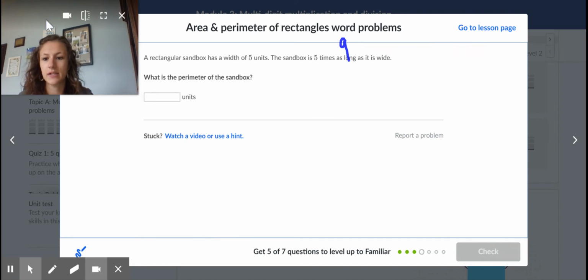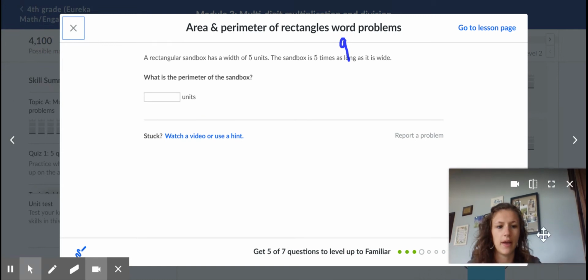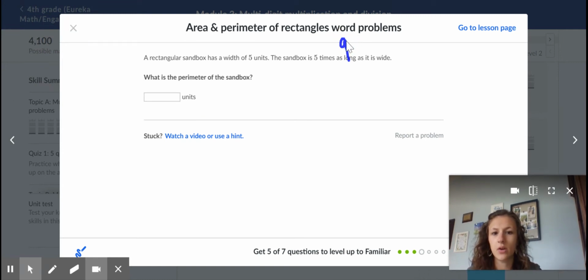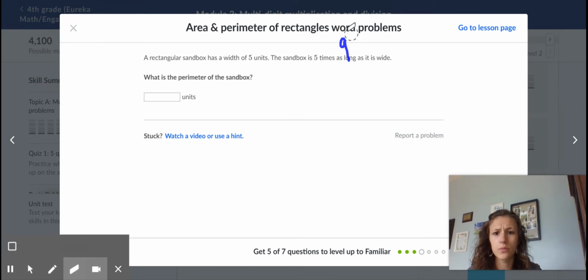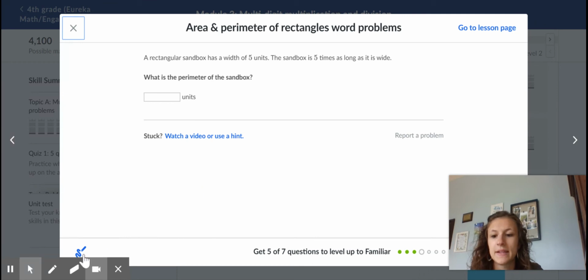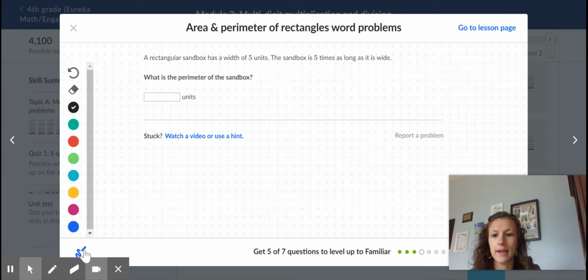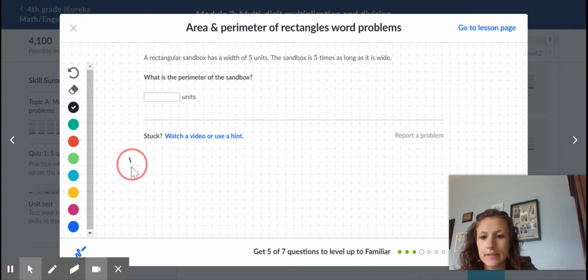Now let's move to our next question, our last question that we're going to do together. Let me move our video back. There we go. Our rectangular sandbox has a width of 5 units. The sandbox is 5 times as long as it is wide. Let's draw our rectangular sandbox.